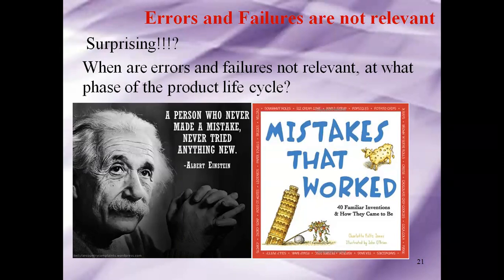Or even if you're creating a prototype, right? So these are some of the product life cycle phases where you don't mind if errors creep in, because errors will give you the solution also.